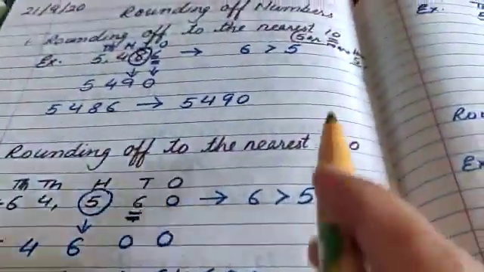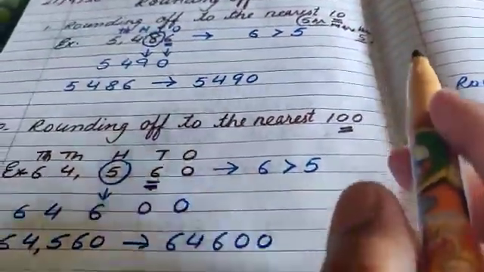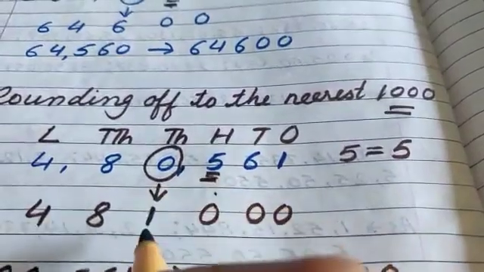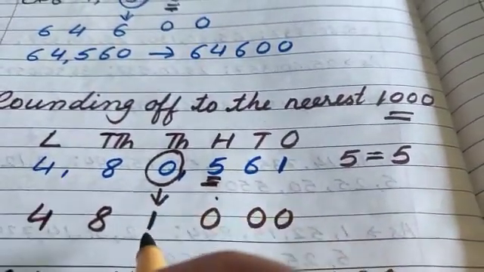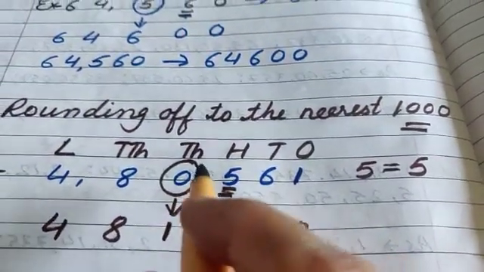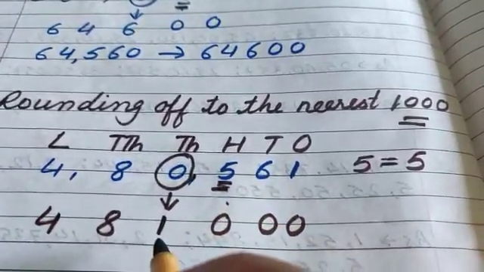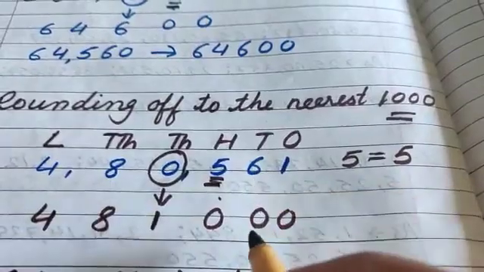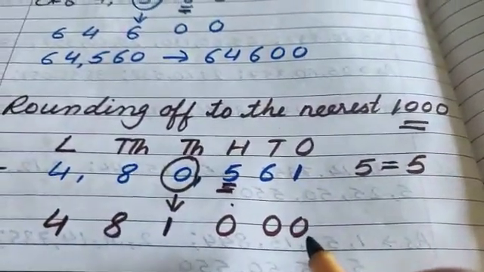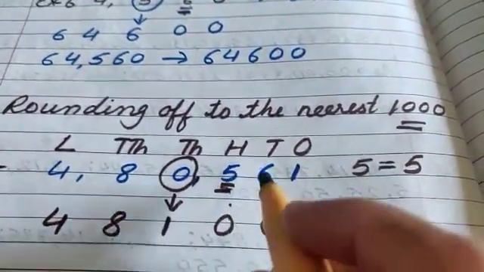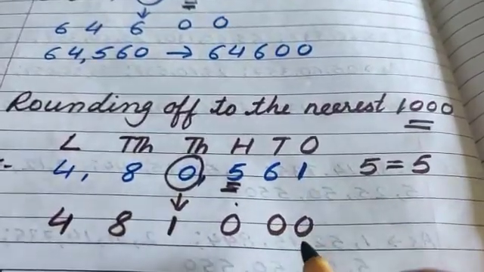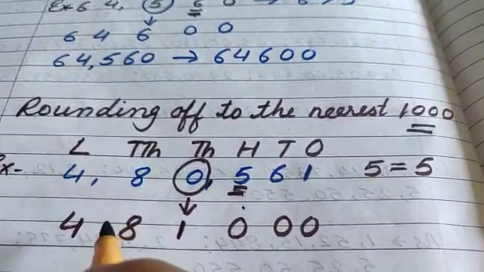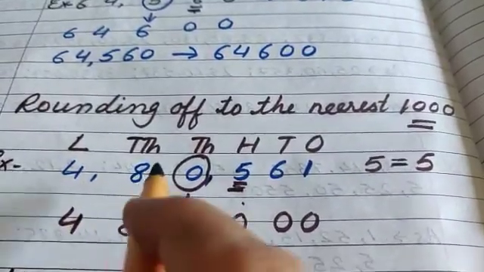I told you, 5 or more than 5, so you will add 1 here. 0 plus 1 is equal to 1 and the rest of the numbers will become 0.